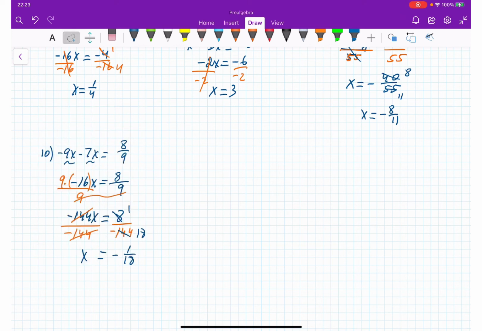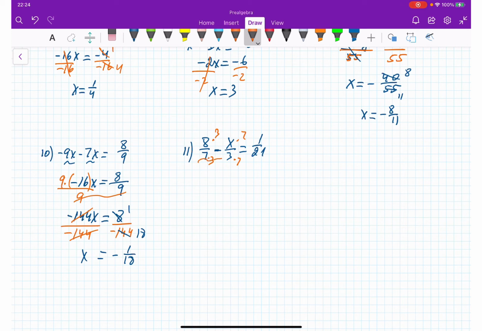Number 11. Eight over 7 minus x over 3 equal to 1 over 21. Okay. What do we have? 7, 3, 21. Well, that's an easy case. 21, right? So here we multiply by 3 times 3, multiply by 7 times 7. 1 over 21 we don't touch.